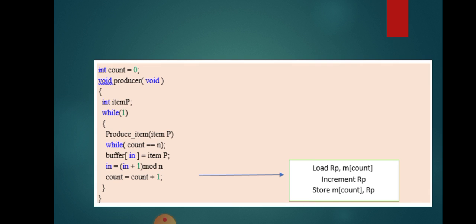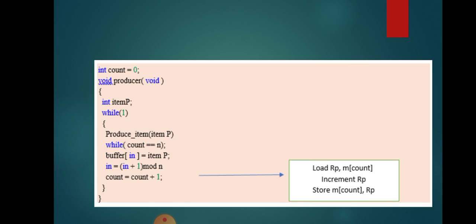So what is the code for this producer and consumer problem? As you can see, I will explain the code. On this screen you can see the code of the producer process. Here we have initialized the count as 0 because initially we are not accessing the data.